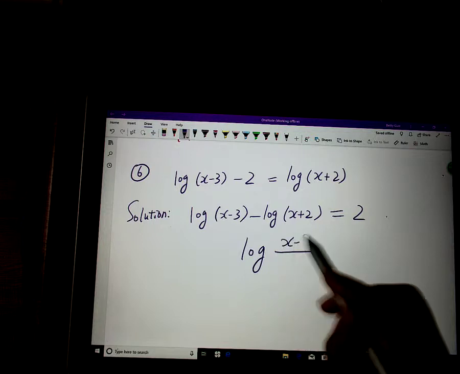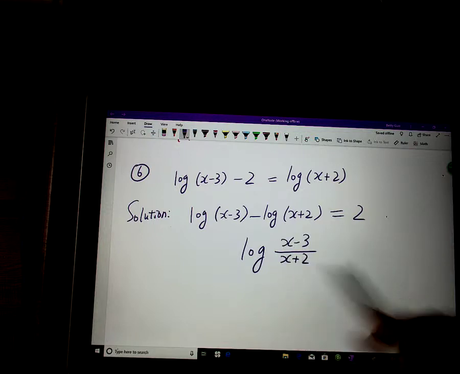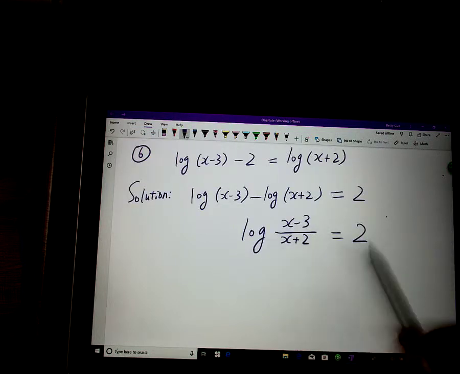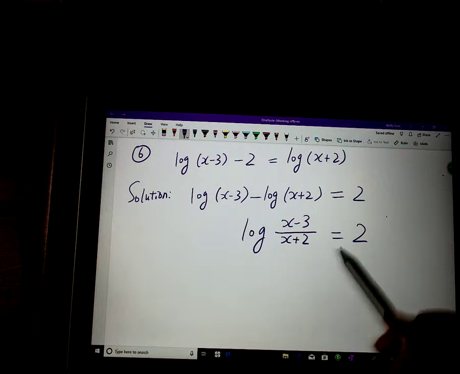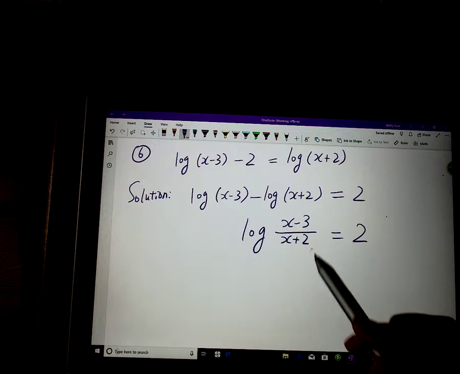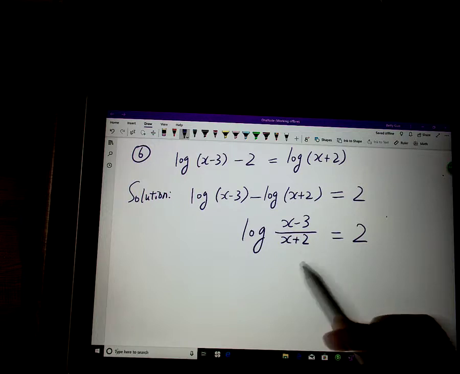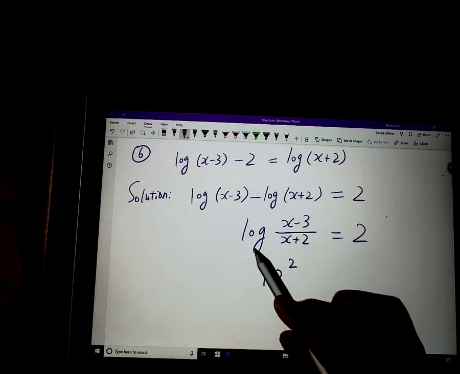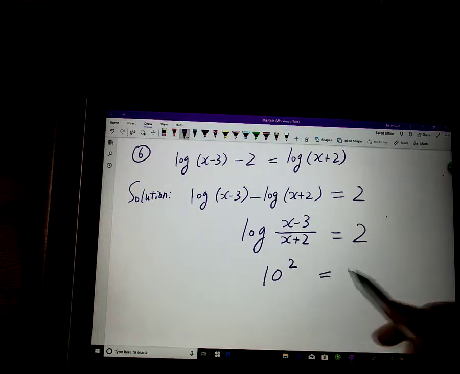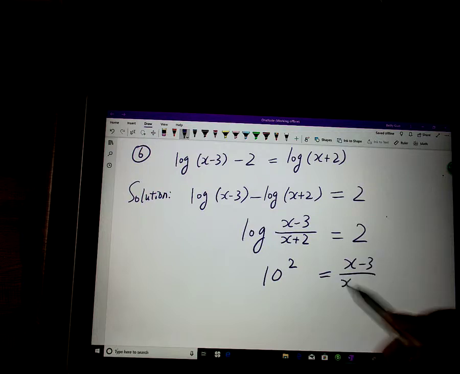Numerator is x minus 3, denominator is x plus 2, equals 2. So this is one simple logarithmic equation. If we convert the equation to exponential form, the base is 10, common logarithm, we have 10 to the power 2 equals x minus 3 over x plus 2.